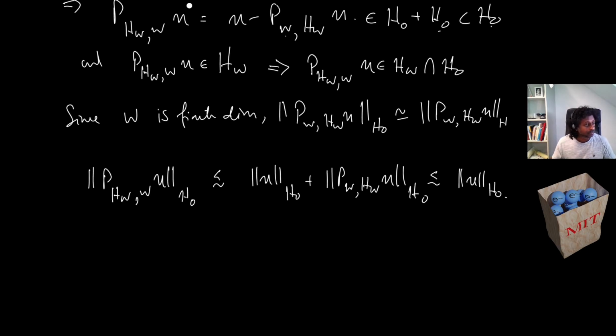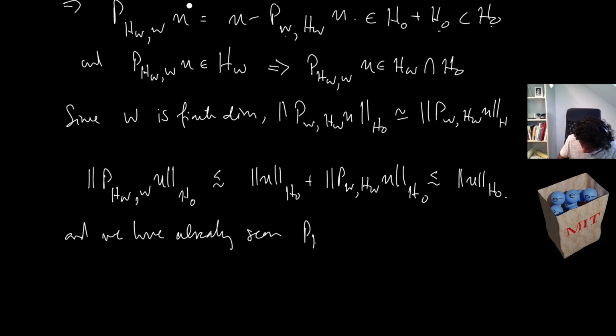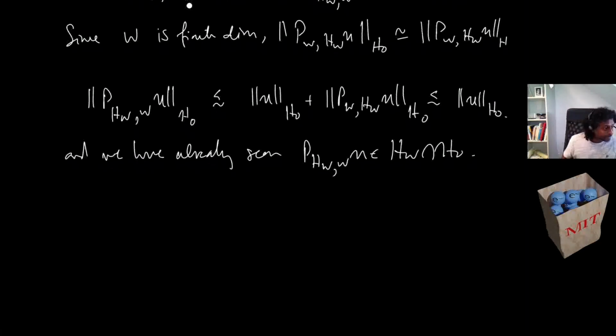So that's the boundedness of this, and this also shows the range: we have already seen that P_HW W U is in H_W intersect H naught.